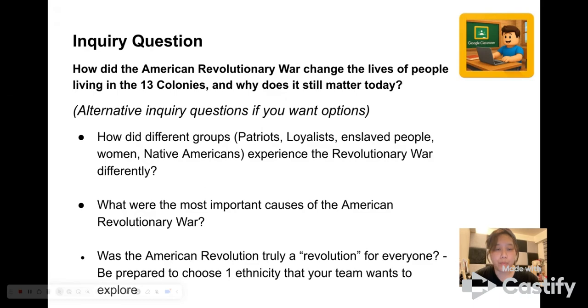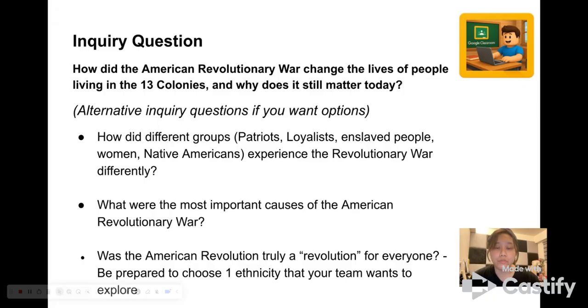One thing I would like to remind you guys is make sure your project is going towards the unit, which is a Revolutionary War. But at the same time, you may think about one ethnicity. Okay, remember we talked about how many immigrants were immigrating to America during that time. There were many ethnicities, okay, that you can choose out of.